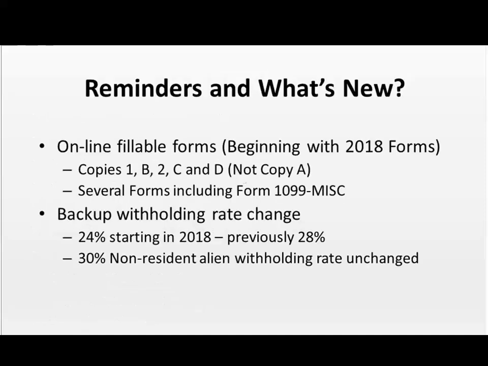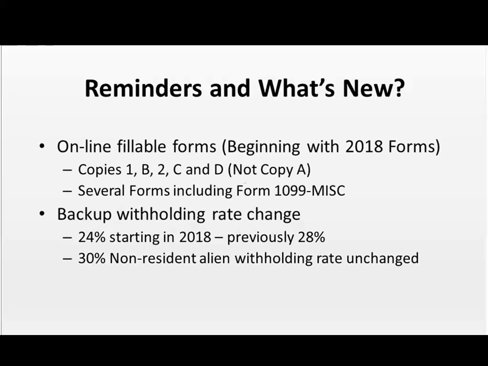Okay, let's get started on the reminders and what's new. Beginning with certain 2018 forms, the IRS now has some online fillable forms. The online fillable portion would include copies 1, B, 2, C, and D, but not copy A of the various forms that are available to type in.